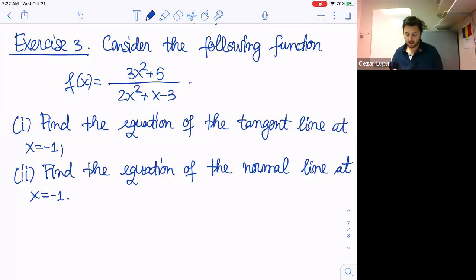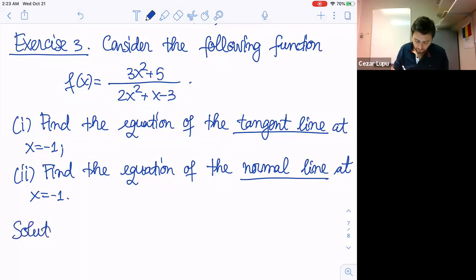So the equation of the tangent line, the equation of the normal line. So this will involve, for the first part, computing the derivative.